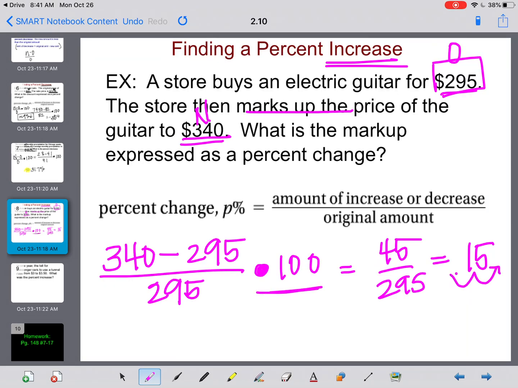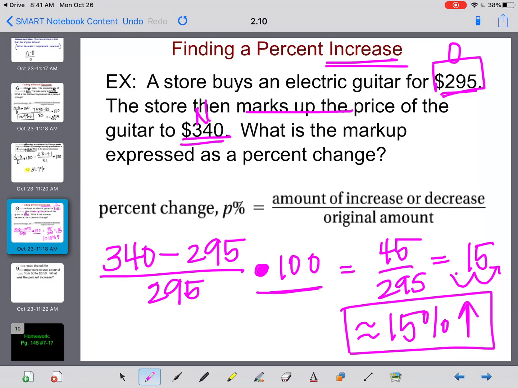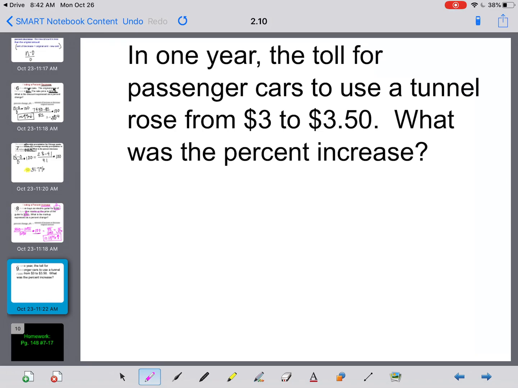That gives me the decimal 0.1525423 and lots of other numbers. So now I have to do that times 100 to turn this into a percent, and I get about, because I'm rounding, about 15% increase. I always like to put the arrow either way, whether it's increase or decrease, just so that I know what I'm doing.